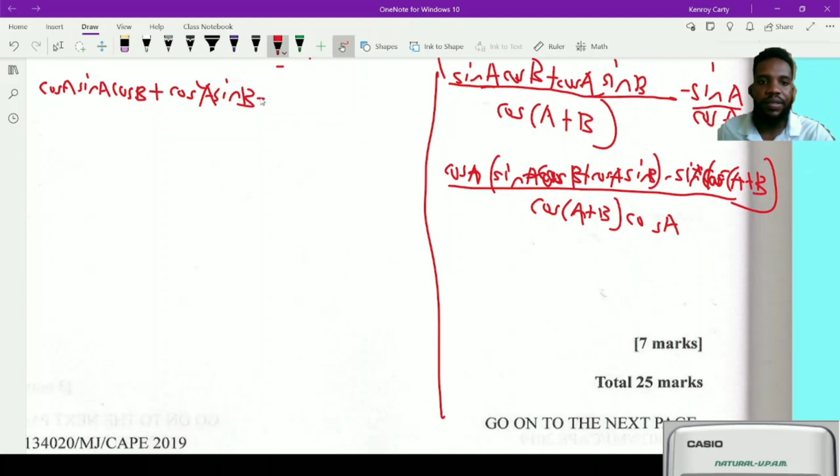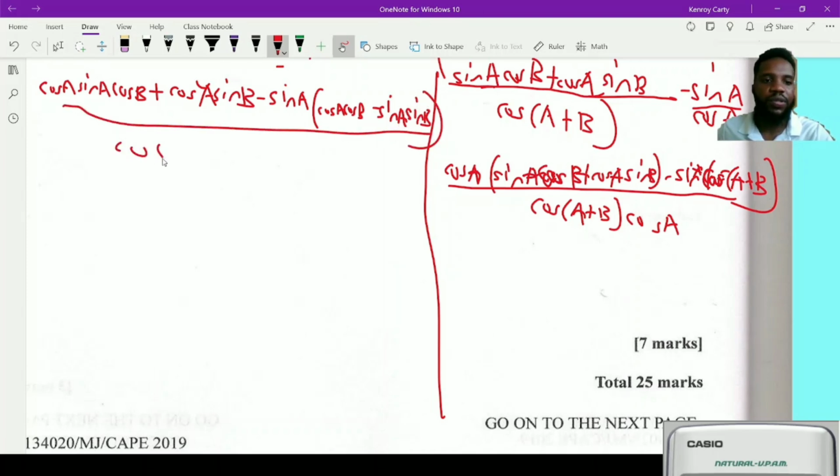So I'm going to have minus sine A, and then in bracket, if I expand that, cos A cos B minus sine A sine B, all over the cosine of A plus B times the cosine of A.